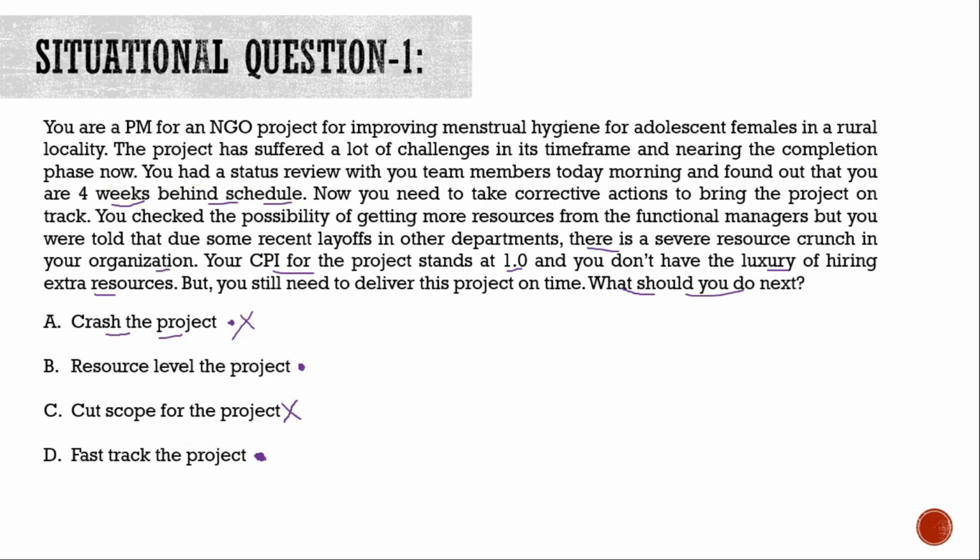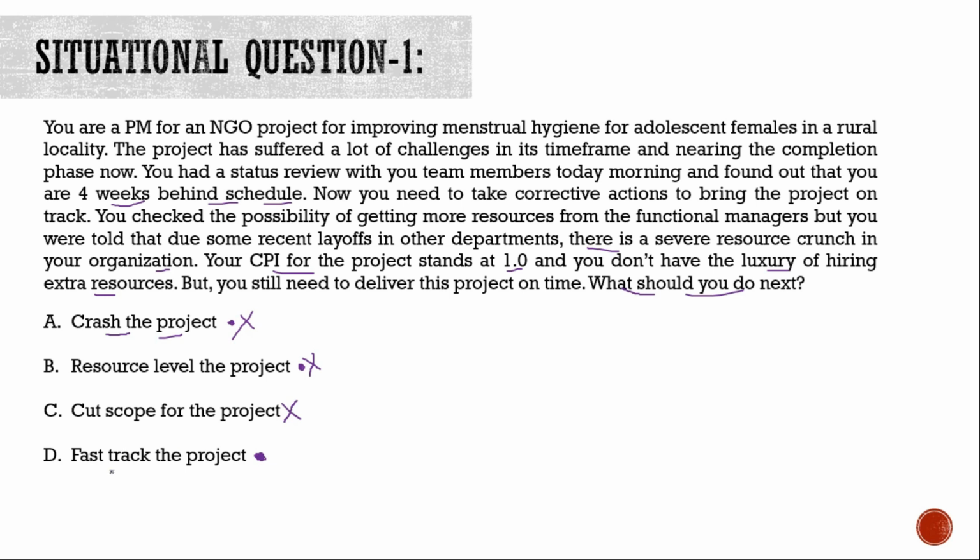Now if you go back to the question, you are not looking for an option to increase the critical path of the project, you are looking to get the project done on schedule. Okay, so that is the reason why resource leveling the project here will not help, because at the end of the day, even if you level the resources of the project, your actual project will be off track in terms of your schedule. So resource leveling of the project is also a wrong option.